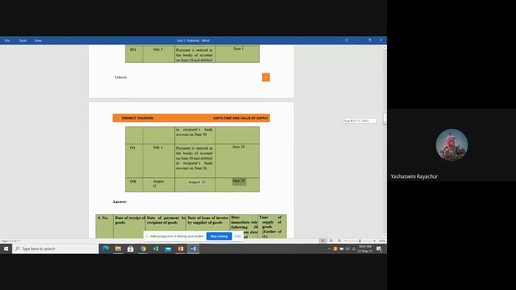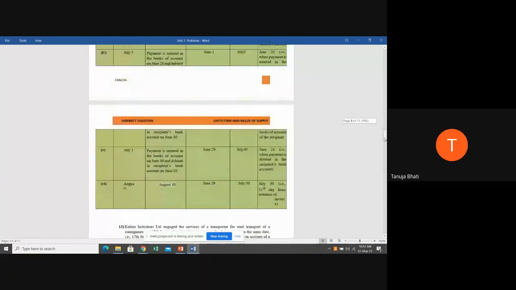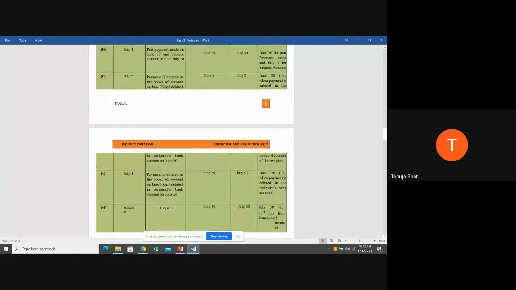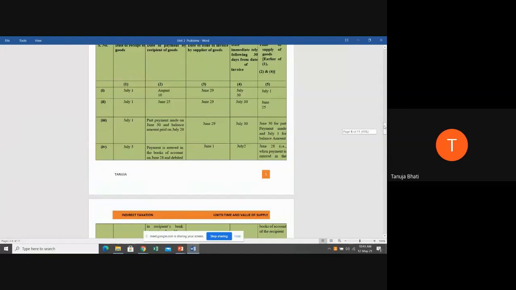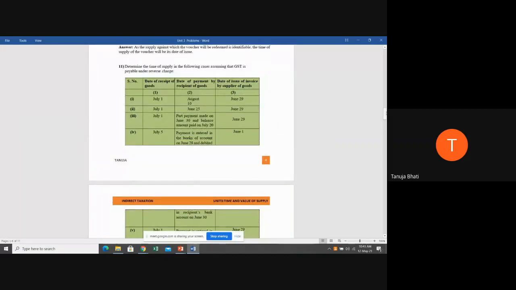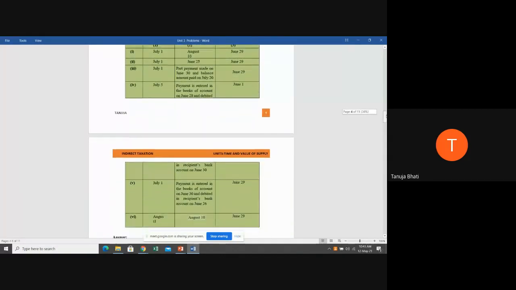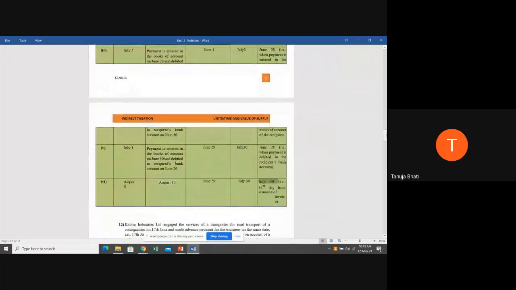Ma'am, July 30th. So let us see the solution. Yes, it is July 30th. That is the 31st day from the issuance of invoice, or date immediately following 30 days from the issue of invoice. So is problem number 11 clear to all students? Yes, ma'am.